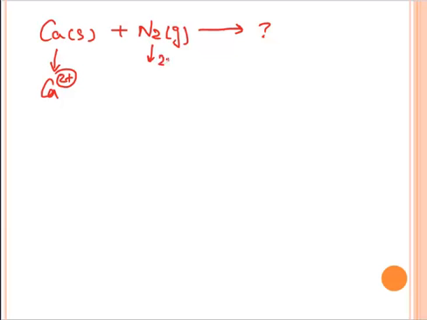Nitrogen, you have 2 nitrogen atoms. Each nitrogen atom will gain 3 electrons because it has 5 valence electrons, so you become a nitride. So the compound here will be calcium nitride.